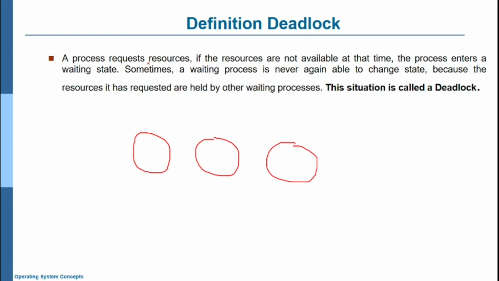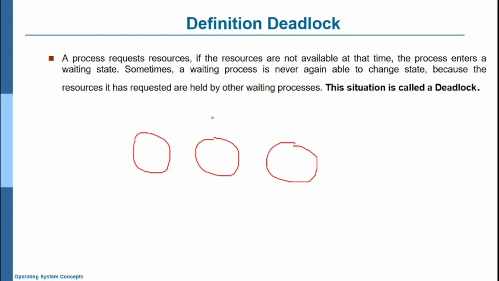Sometimes a waiting process is never again able to change state, because the resources it has requested are held by other waiting processes. This situation is called deadlock.